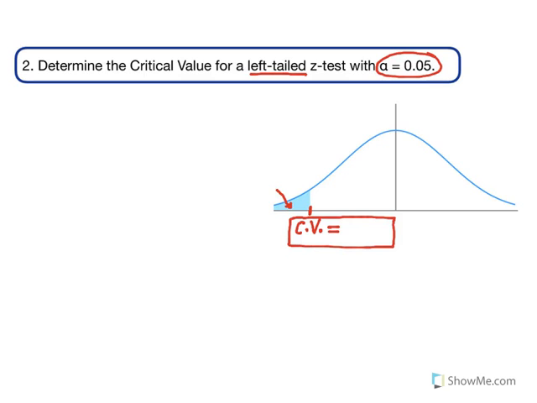Here, of course, this is the area of this is alpha, the level of significance, which is 0.05. And this makes it very easy to find the critical value because you have the area to the left of it. So you can say the probability that Z is less than this critical value is equal to alpha. It's 0.05. There is no need to do 1 minus because we have the area to the left already.